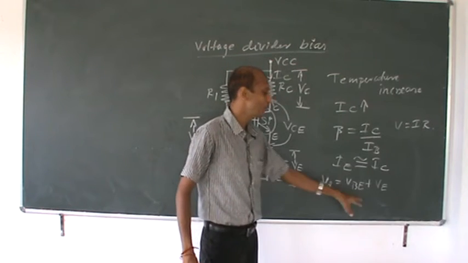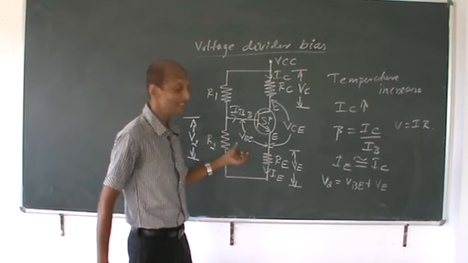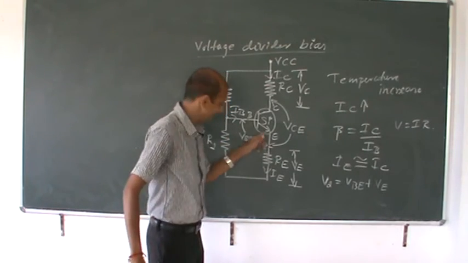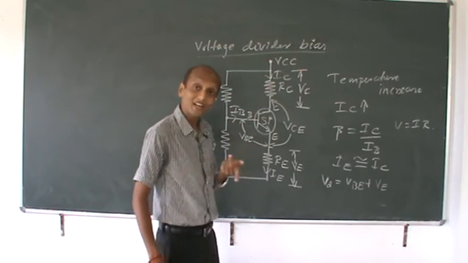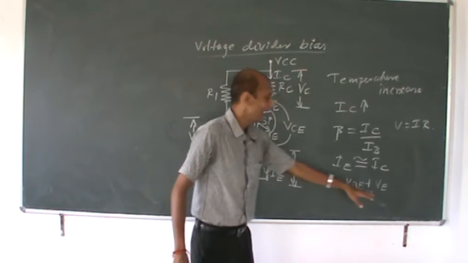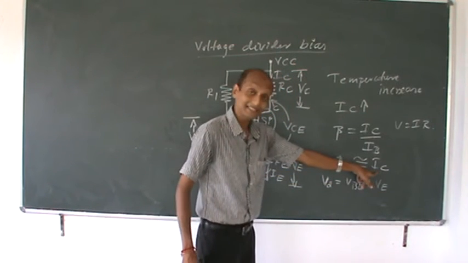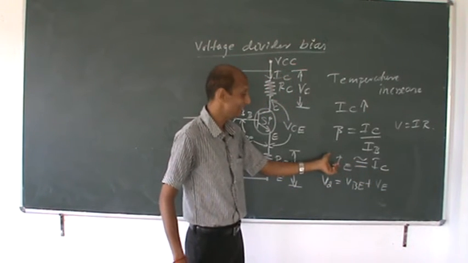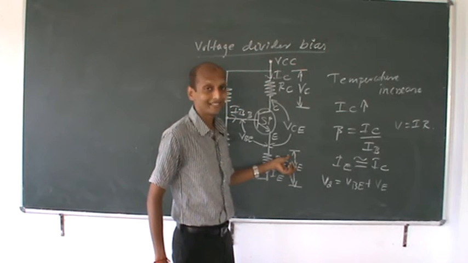V2 will be equal to VBE plus VE. We have written that in our last class. So if I apply KVL at this loop, we get this equation. So as IC increases, IE increases, and VE also increases.